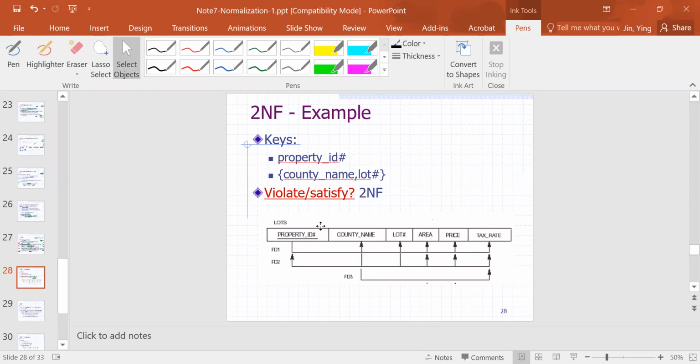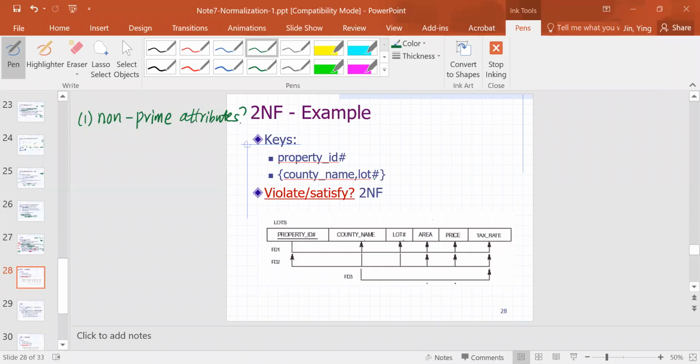Then the next thing we need to know is, so let me write this down. So the first thing I want to do is find out all the non-prime attributes, right? Okay, so what are the non-prime? And we can see this is a part of the first key, so this is a prime. County name is a part of this key, so this is a prime.